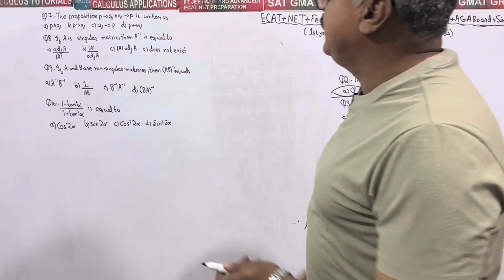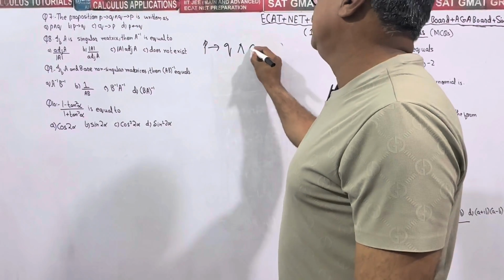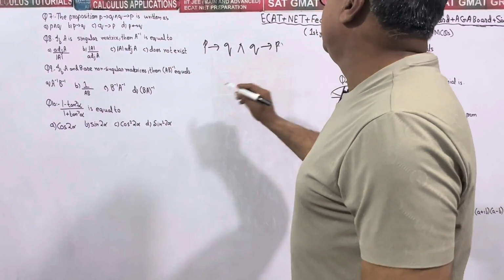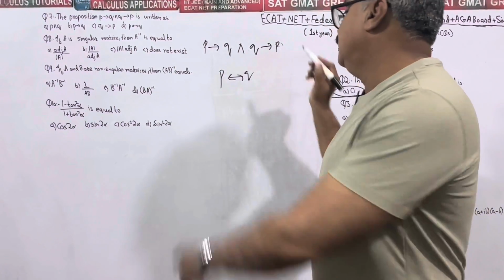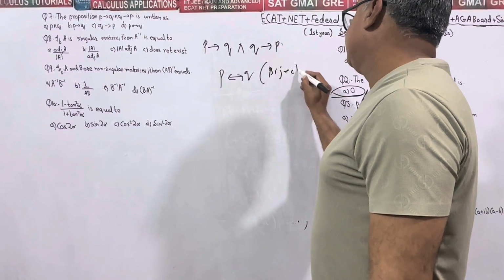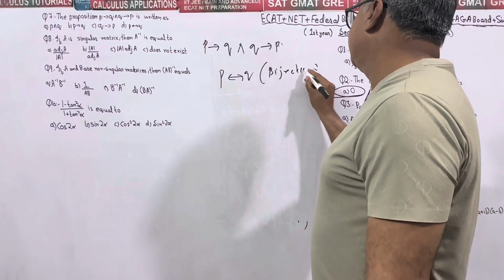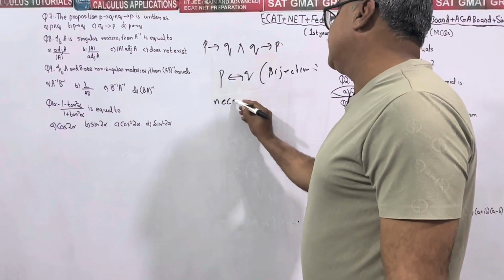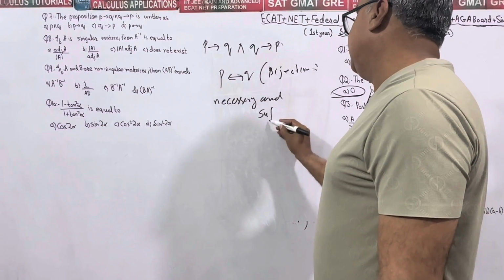Yes, the proposition: if P then Q, P implies Q and Q implies P means it is a bijection. It is also known as a necessary as well as sufficient condition.